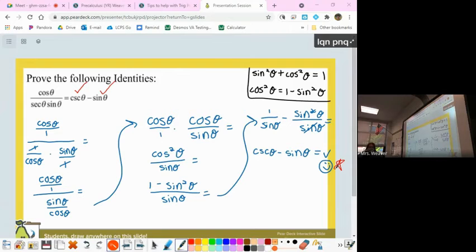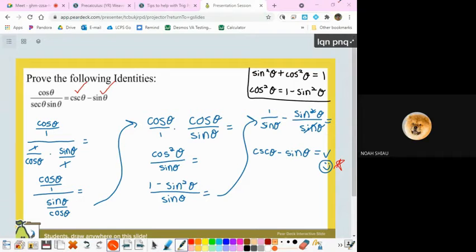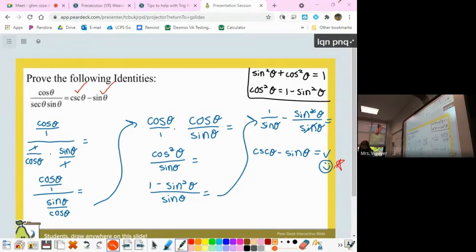And then we can always wait a second for you to copy it down if you need to. I'm good now. Okay, thank you, sir. Everybody else good? Okay, let's try our next problem.